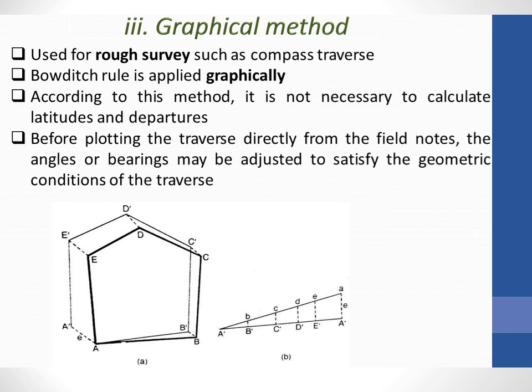The starting point is A and it ended up at some other point, that is A dash. So there is an error, our closing error, which is marked in the figure as E. You have to adjust so that A dash is shifted to the point A. So the initial figure is just A, B dash, C dash, D dash, E dash and A dash. Make it clear. We will see the procedure of how to adjust this closing error.